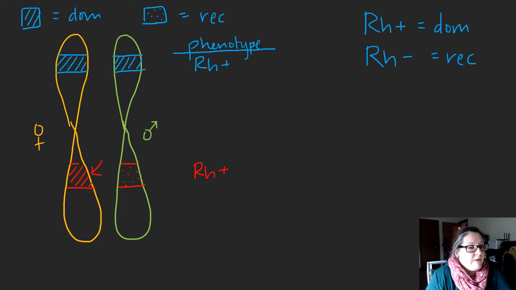And we can have another individual who has both negative alleles and is homozygous recessive. And this phenotype is going to be Rh negative. So this is inherited completely separately. It's on a completely different chromosome, even though the ABO blood type is what we might call it. So this is just an additional surface marker.